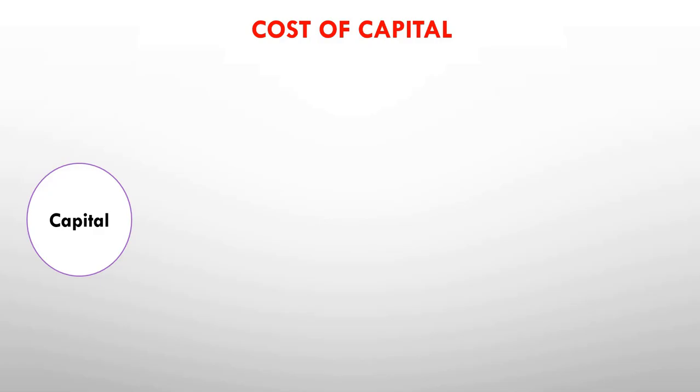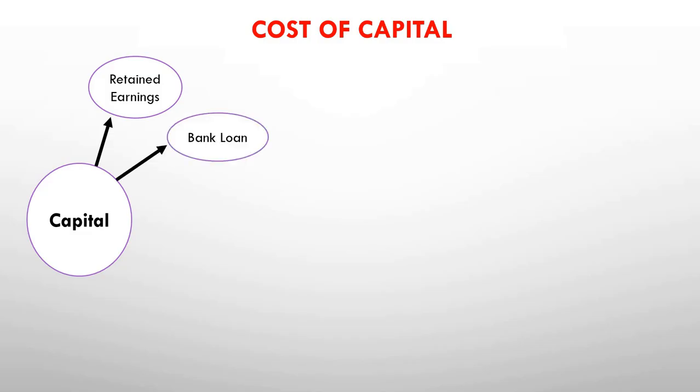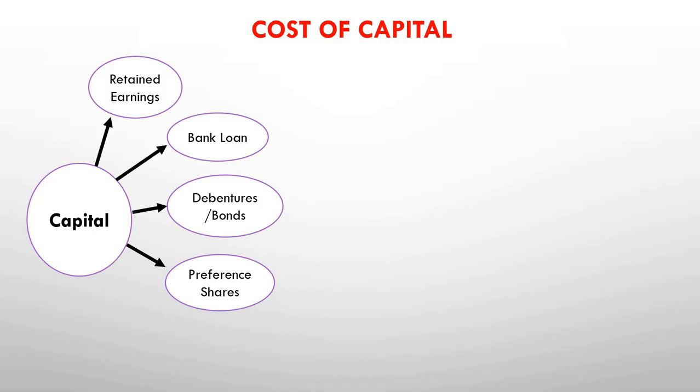As I have already discussed, whenever we are forming the capital, it is a combination of various things. Capital means the money that we have invested in the business. Capital can be formed with the help of your retained earnings, that means whatever is left over in business, your profit, which you are investing in your business, or you are taking a bank loan, or borrowing money with the help of debentures and bonds, or with the help of preference shares, or with the help of equity shares.